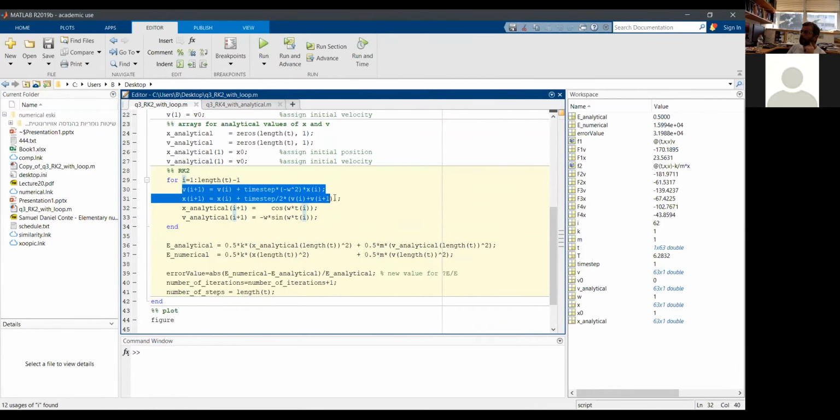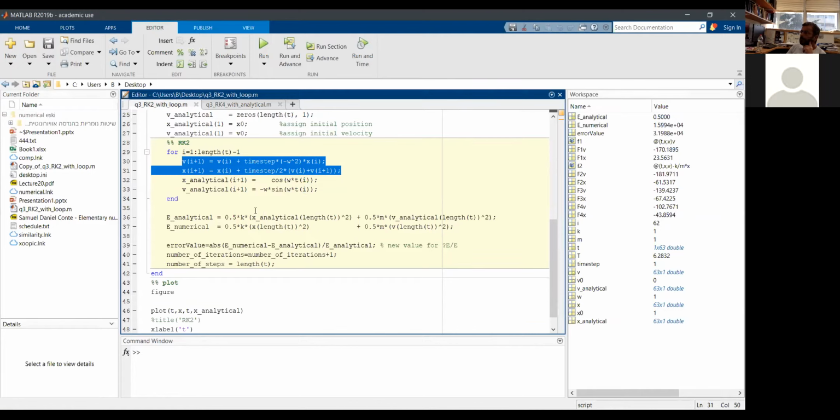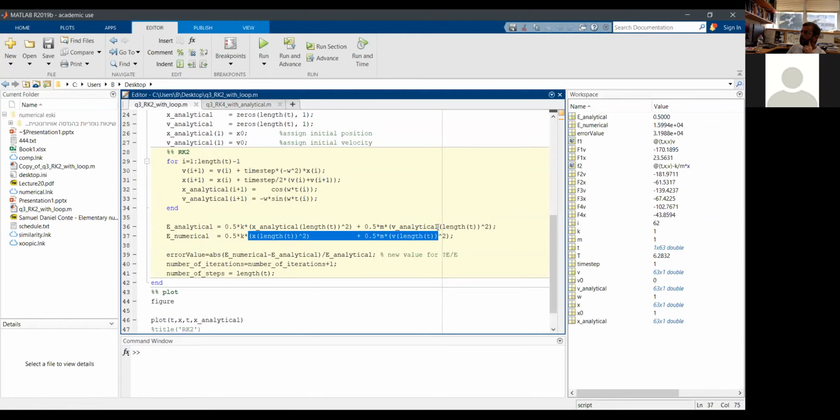So I find x and v in each iteration. Then I calculate the analytical and numerical energies at the end, at 10T.